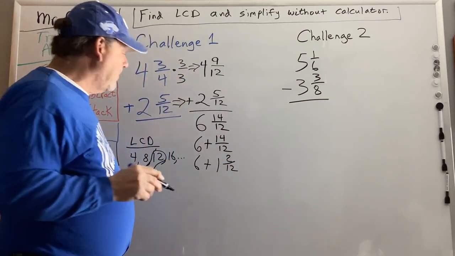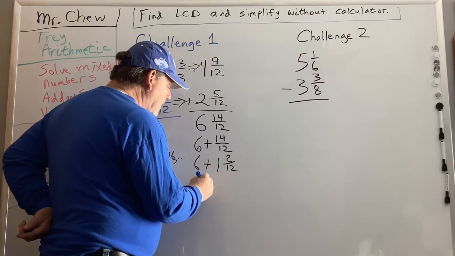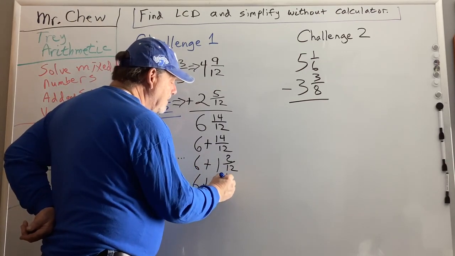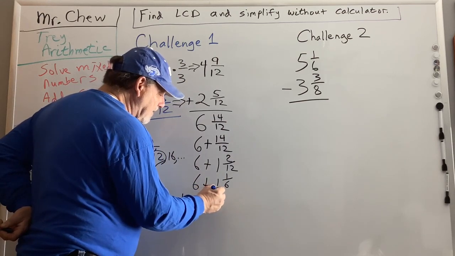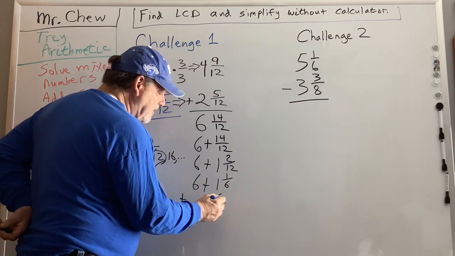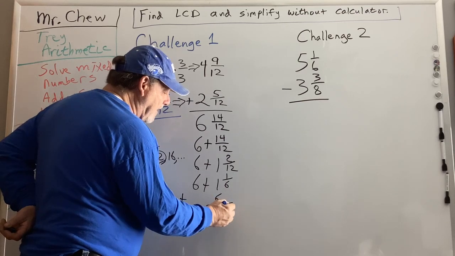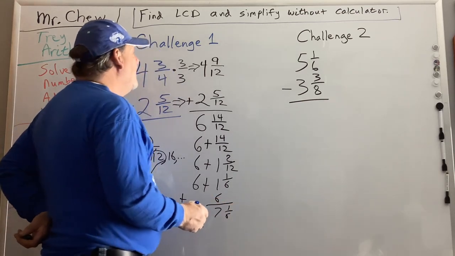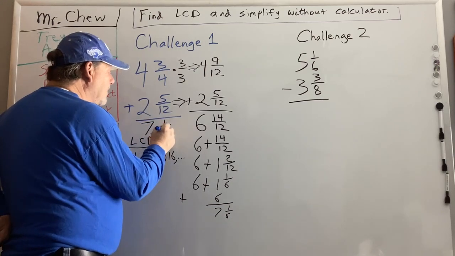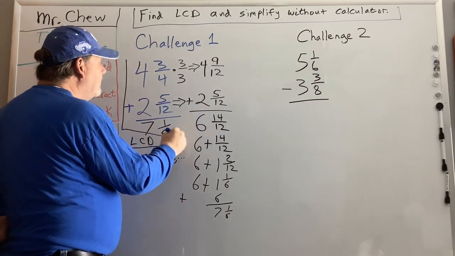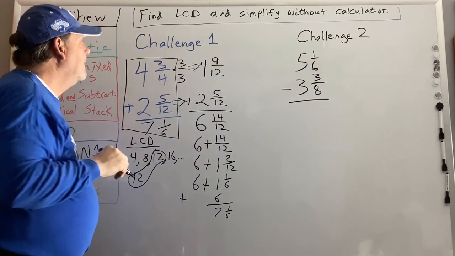Now 2 twelfths can be reduced to 1/6. And then if I add 1 and 1/6 to 6, I get 7 and 1/6. And that is my answer. So up here, I could just write 7 and 1/6. And this gives me that answer.